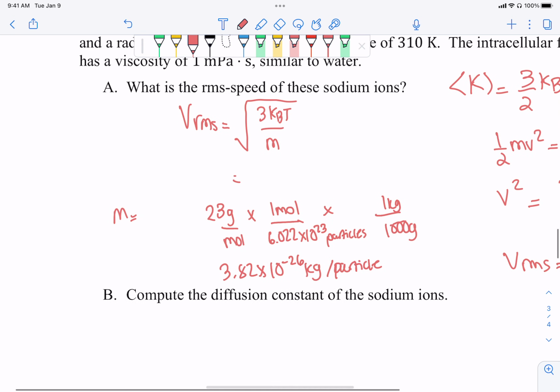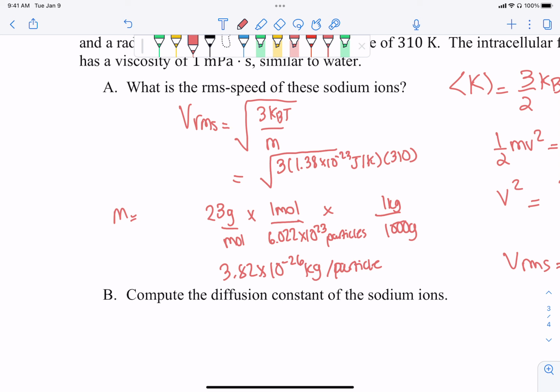And so we can plug that back in here. 3 times kB, which is 1.38 times 10 to the negative 23 joules per Kelvin, times 300 Kelvin, divided by our mass here, which is 3.82 times 10 to the negative 26 kilograms.